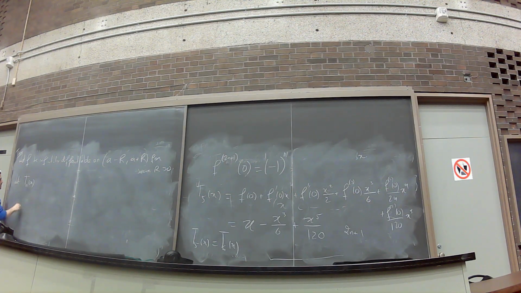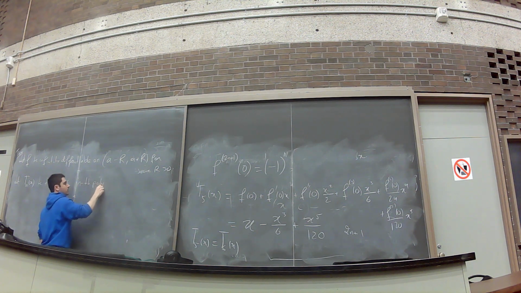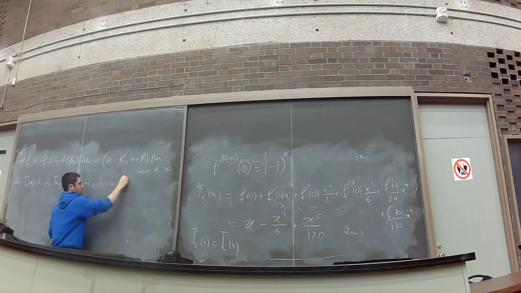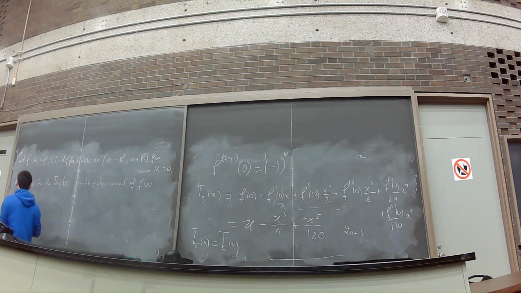Let Tn of x be the Taylor polynomial of f of x about x equals a.